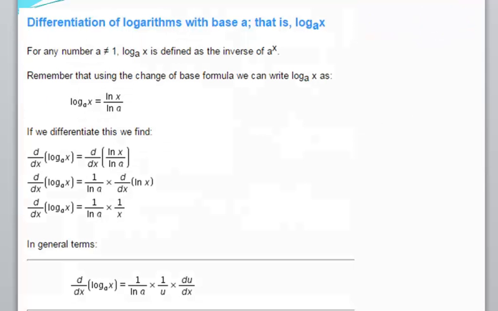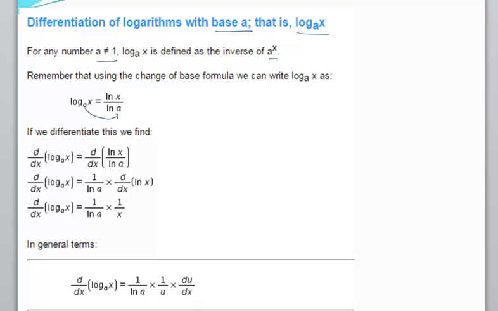So now looking at differentiation of logarithms with a base a. So here we've got a base a, so log a of x. And so long as our a is not equal to 1, we define it as the inverse of a to the power of x. So here we can go through remembering our change of base formula. Log the base a of x is our natural logarithm of x divided by our natural logarithm of a.